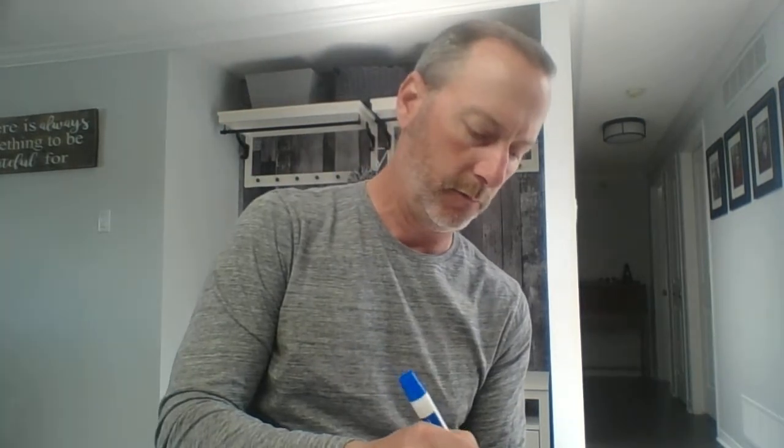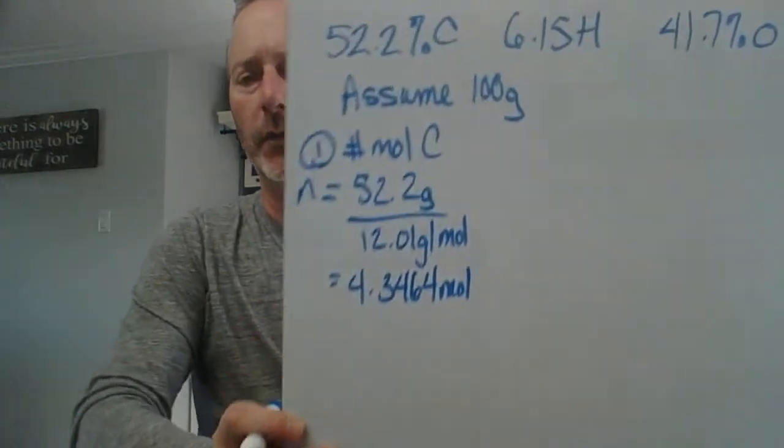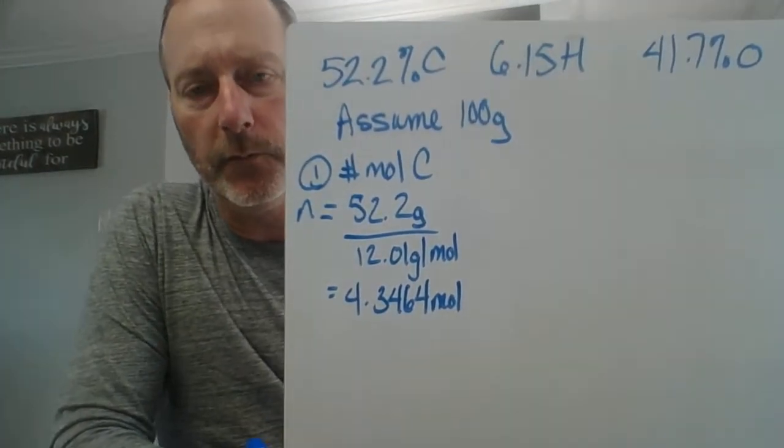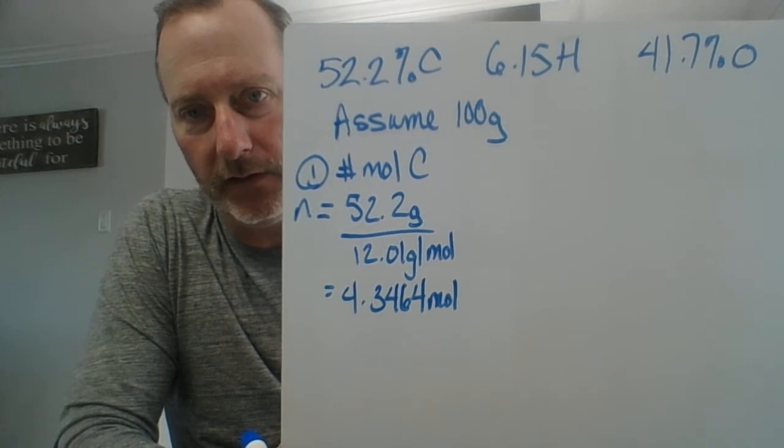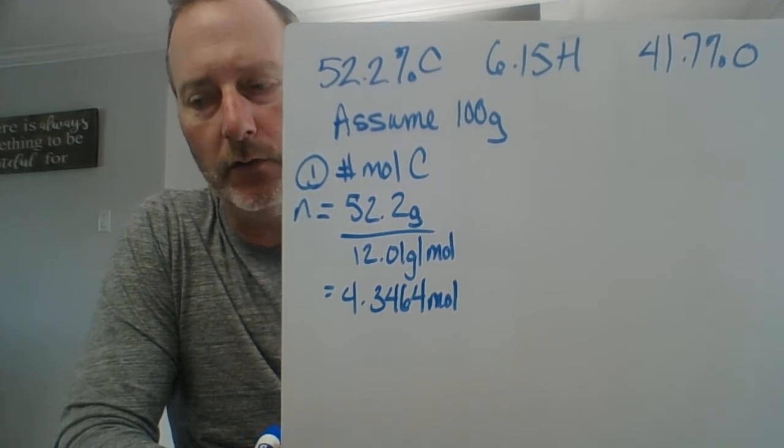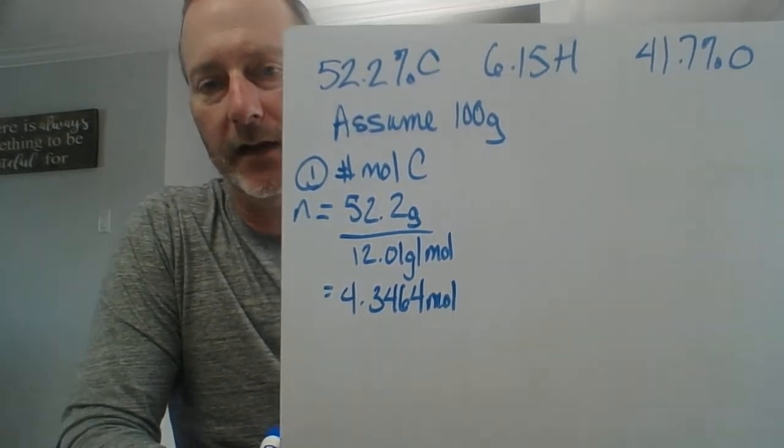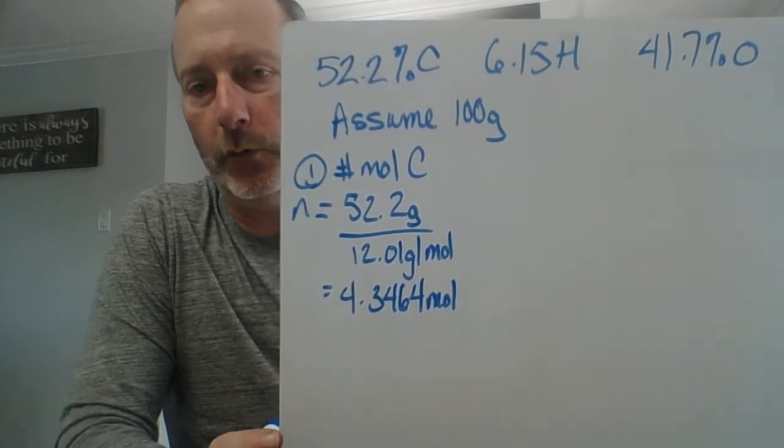equals 4.3464. Just a brief thing about that: the reason that we're carrying those extra digits is that the less rounding we do, then when we get to the end and we divide our ratio, it'll be closer to a whole number.